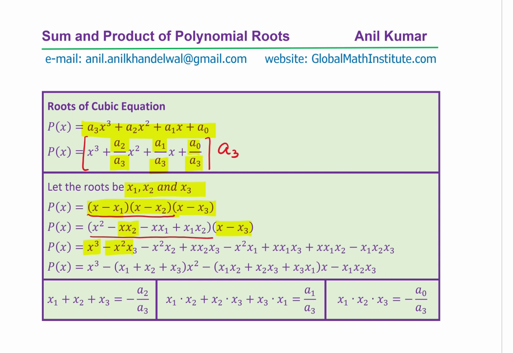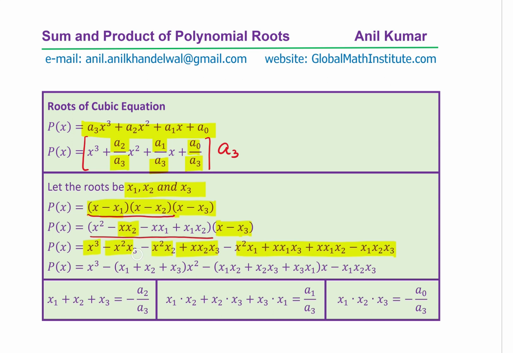So you get the two factors, which are x squared x2 when you do it with x, and then with x3, you get plus x x2 x3. Continue this process to get all other factors as shown here. So once you apply the distributive property and expand the three factors, what you get is the equation shown here.